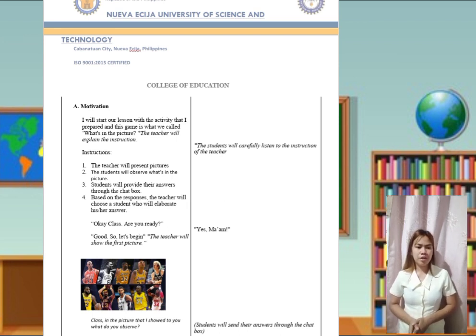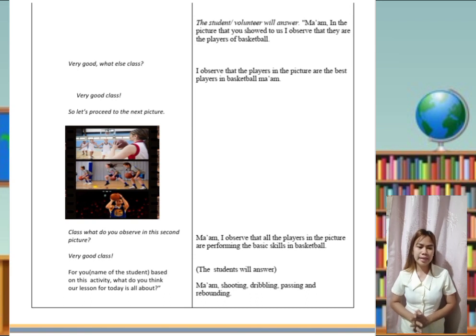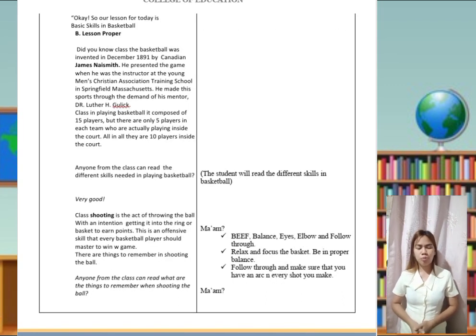I will flash the picture on the screen and ask them what they observed in the picture. Then they will send their answer through the chat box. After they give their answer, I will say to them, "Very good, class," to boost their confidence. After this game, I will proceed to the lesson proper.